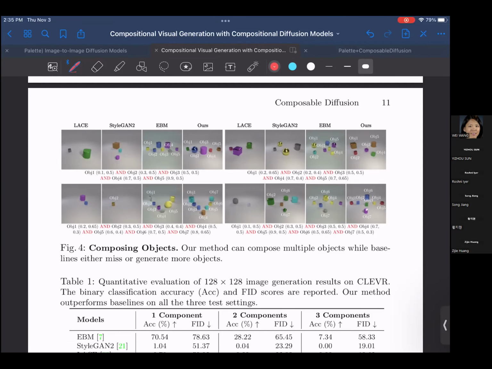But why do some of the images not have object one, object two? I think it is because compositional diffusion itself is just an enhancement that includes more enhanced compositional information.